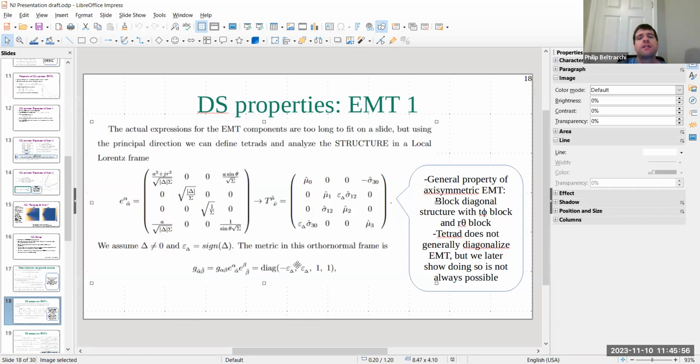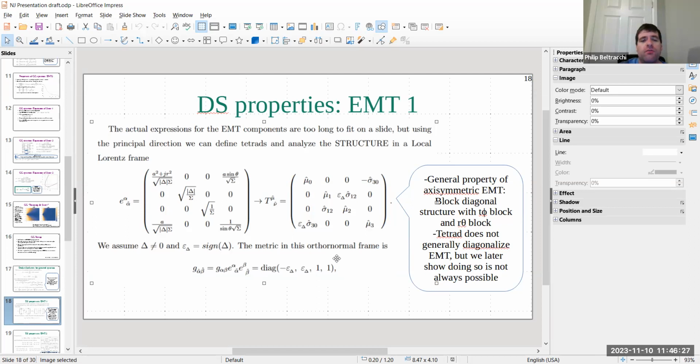But we can see using the metric in this local Lorentz frame that if delta is negative, then our second direction is our time-like direction rather than our first direction. In the spherically symmetric case, this corresponds to being behind an event horizon.